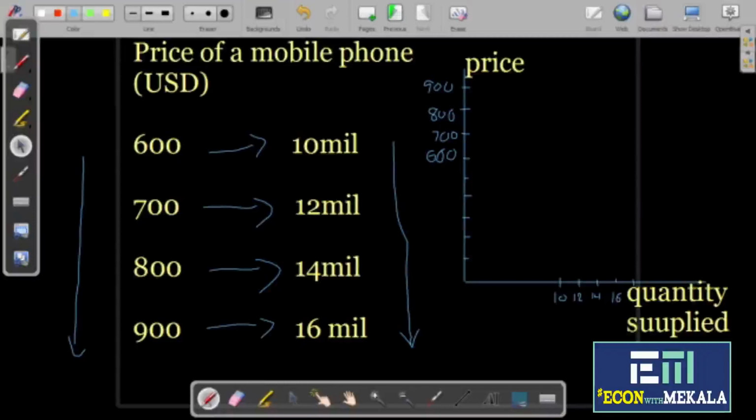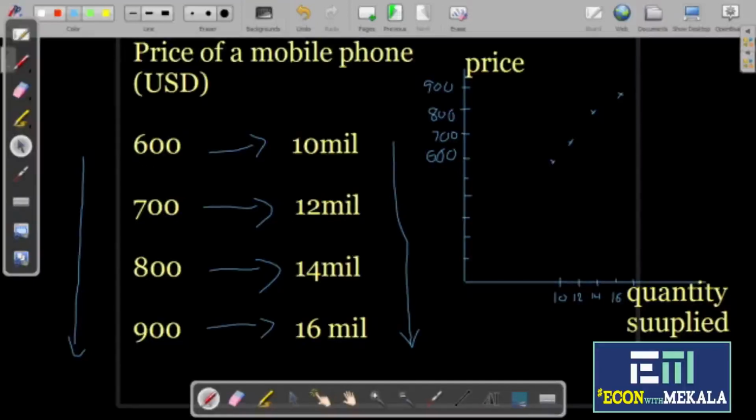So when the price is $600, the quantity supplied is 10. When the price is $700, quantity supplied is 12. When the price is 800, quantity supplied is 14. When the price is 900, quantity supplied is 16.